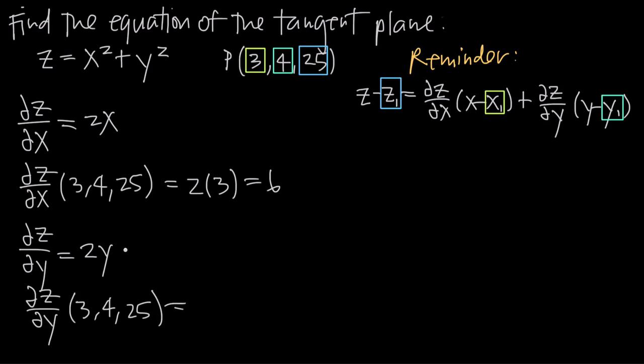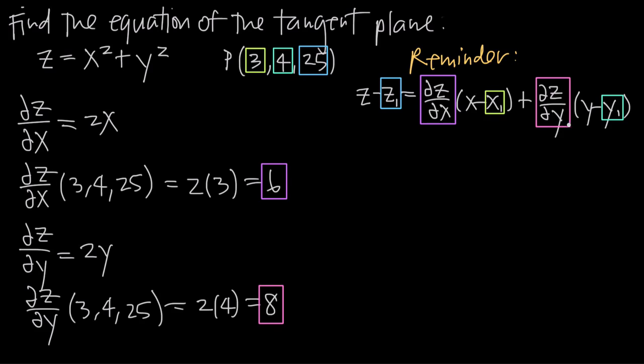We get 2 times y. Well, y is just 4, so 2 times 4, or 8. And this is the value we plug in for the partial derivative of z with respect to y. So now we actually have everything we need, and we're just plugging everything in.